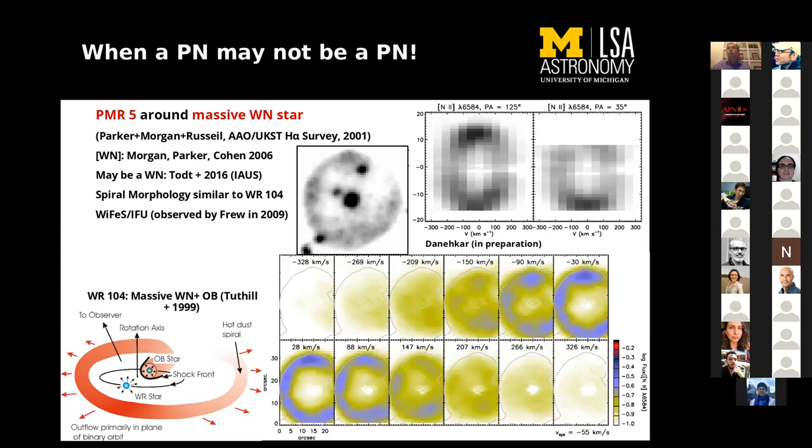They suggested it could be a VN-type central star planetary nebula. But recently there is a proceedings paper published by Todd in the IFU symposium. They suggested it may be a massive VNs nebula, not a planetary nebula.